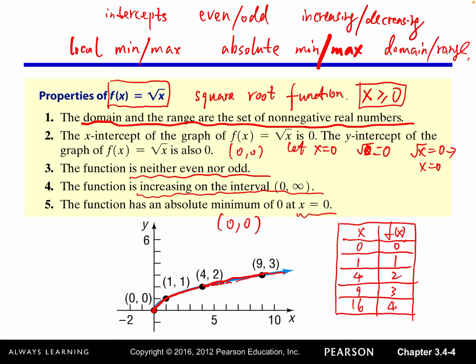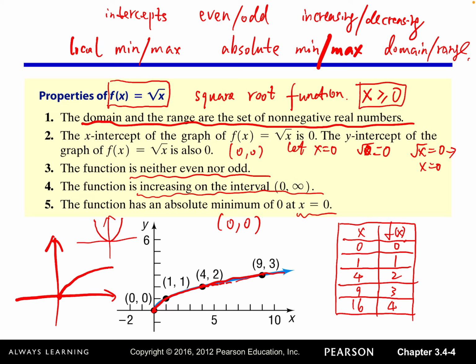And then you need to remember the shape of the square root function. It's like this way. How you can remember the shape of the square root function is to think about the quadratic function. Remember, the quadratic function is a parabola, U-shaped.